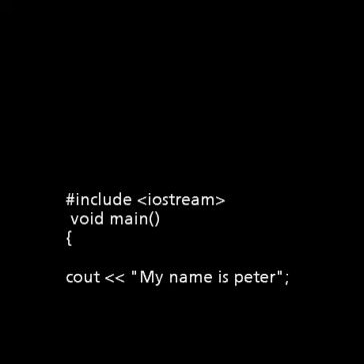Even single quotes work, but the convention is that whenever you have a single letter or single character, then you use single quotes. That's the convention, but you can use anything you like. Now this will print my name is Peter. That's what it's going to print, and don't forget to close the braces.